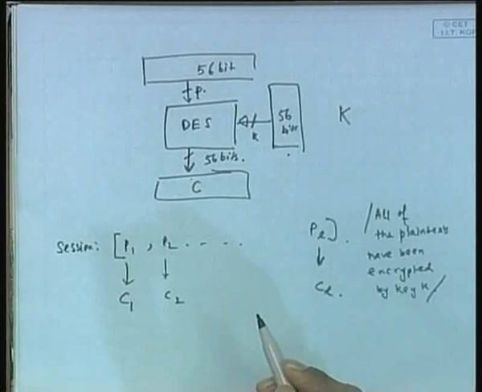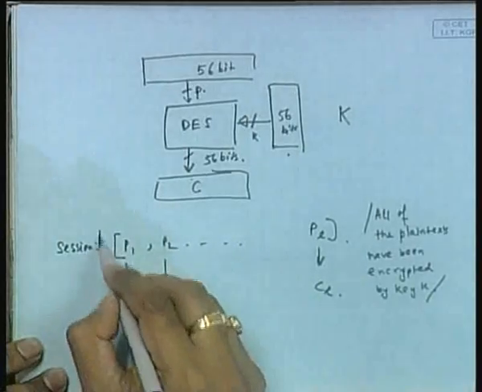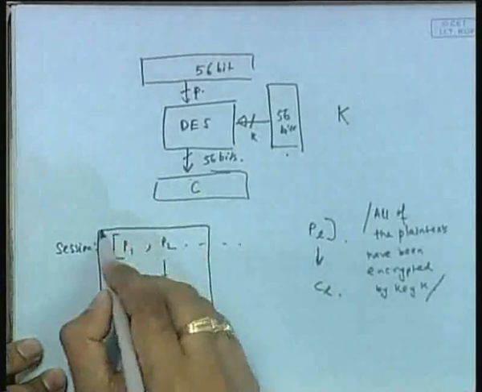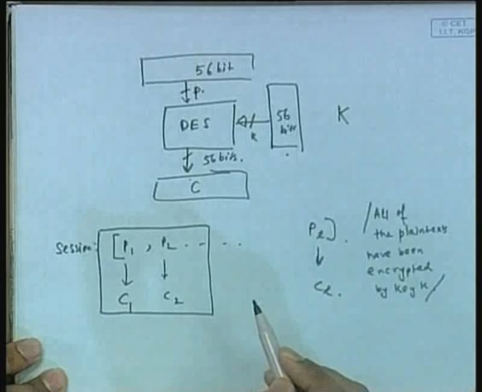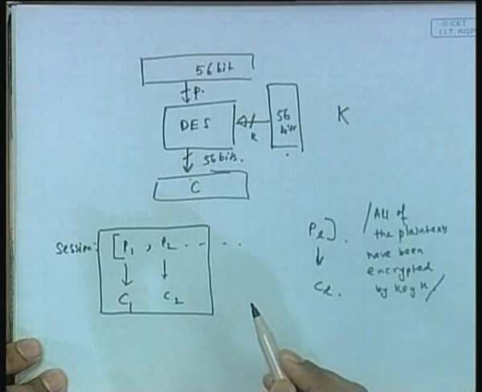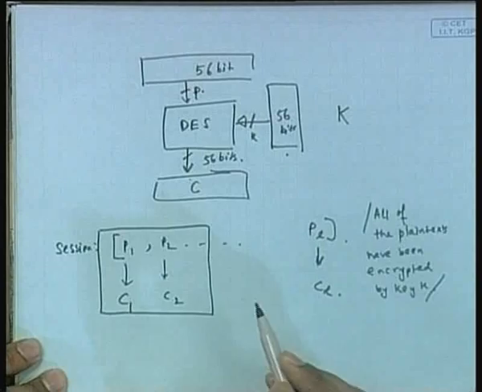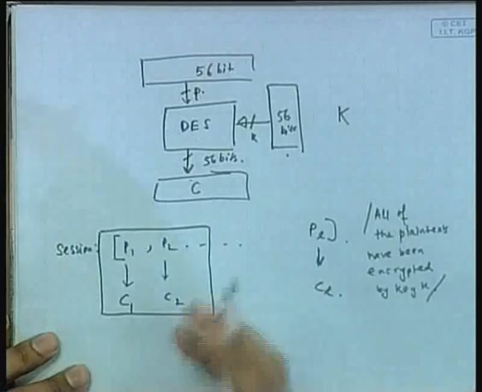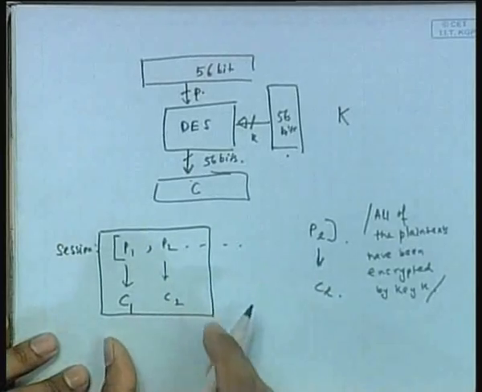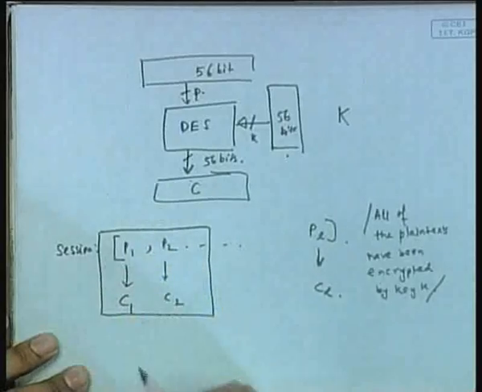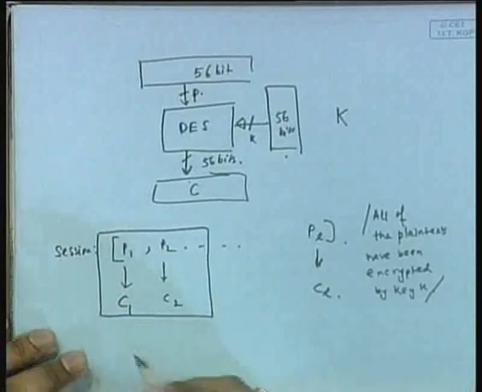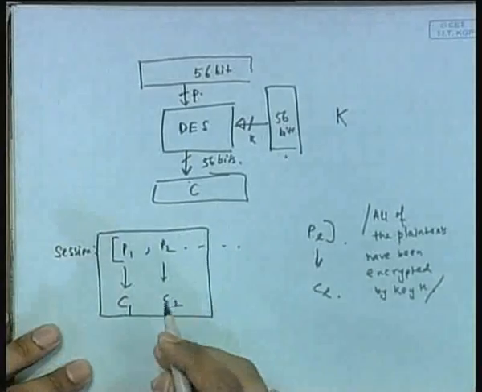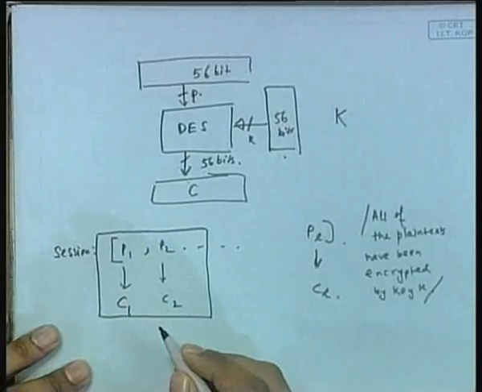So the next question that we will consider is how many such encryptions can we do so that an unbounded adversary cannot break it. Okay. So what is the maximum number of plain texts which can be encrypted by the same key which cannot be broken by an unbounded adversary.